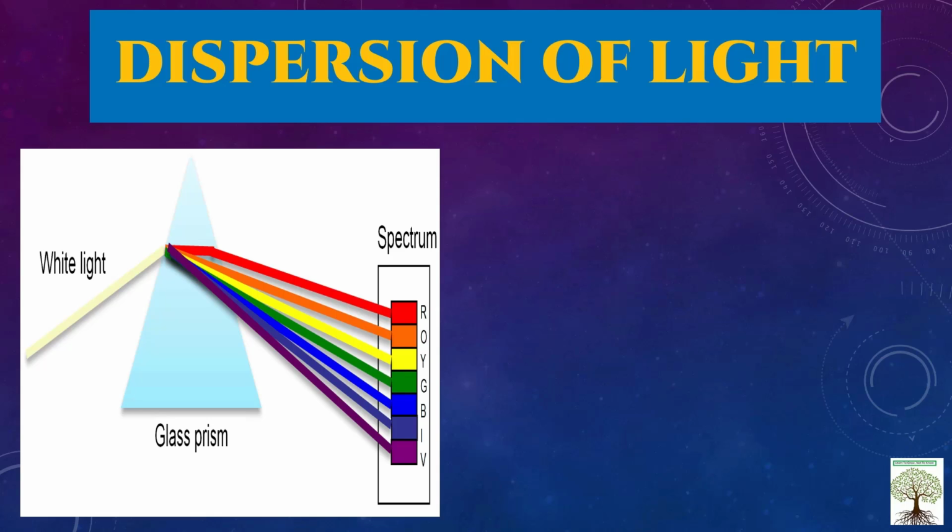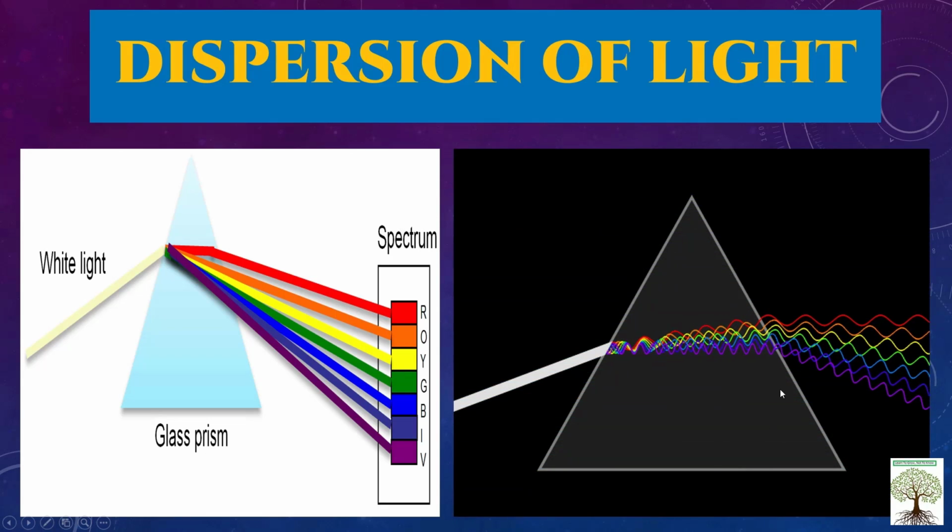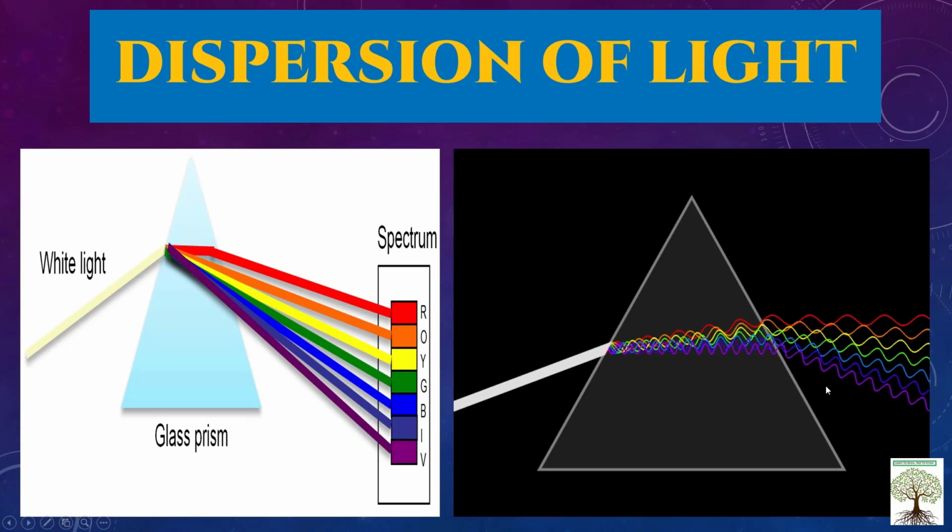Raindrops scatter sunlight into its 7 colors to form a rainbow. This is known as dispersion of light. When light passes through a prism, it will disperse into 7 colors, VIBGYOR. White light is always made up of 7 colors.